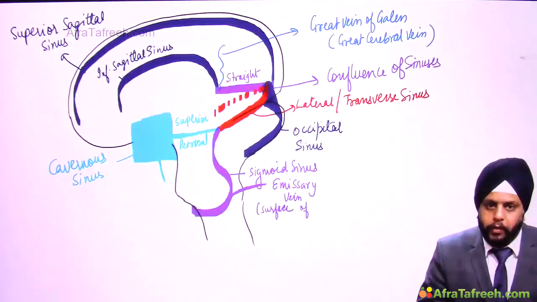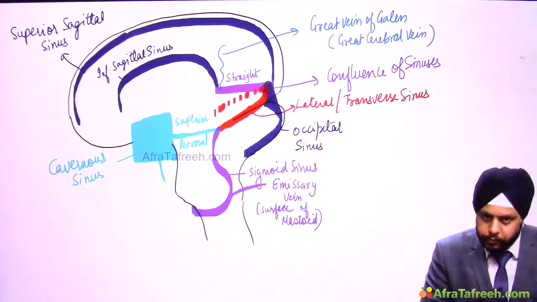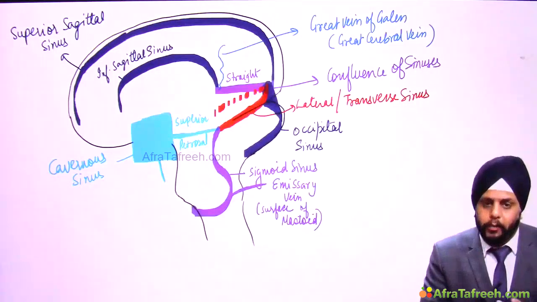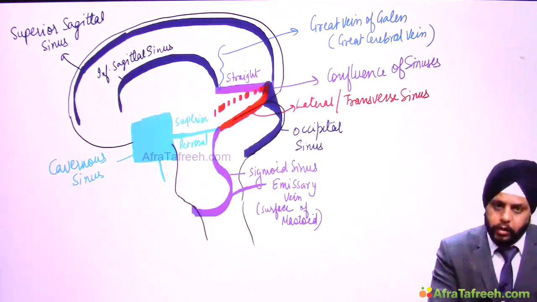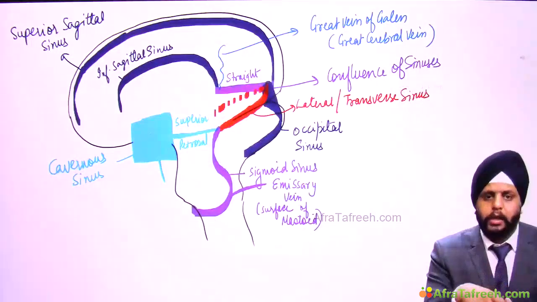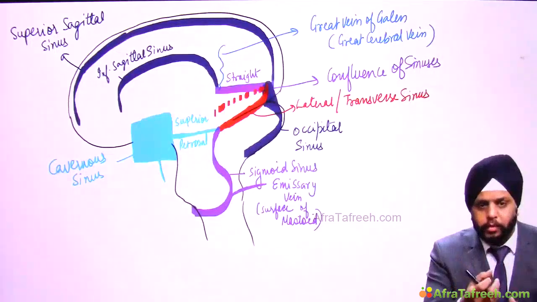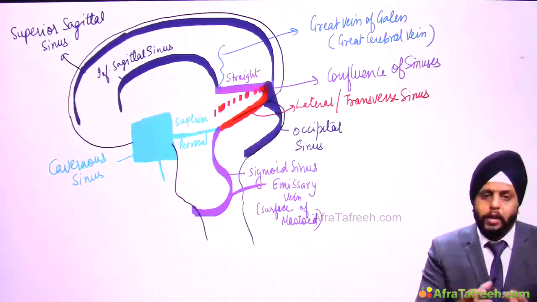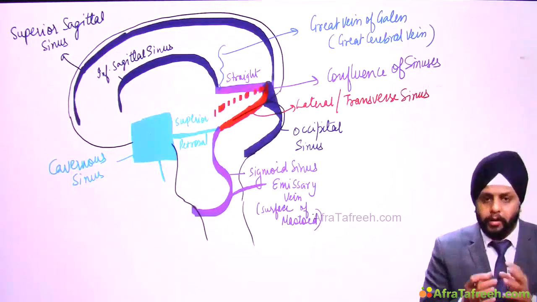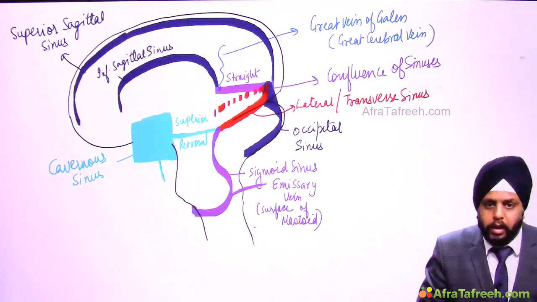From the surface of the mastoid, this vein comes and drains into sigmoid sinus. Therefore, if sigmoid sinus is thrombosed, then this MS3 vein may also be thrombosed, and therefore there will be edema over the mastoid. This edema over mastoid is known as Griesinger sign.